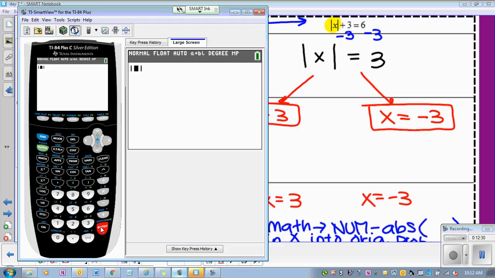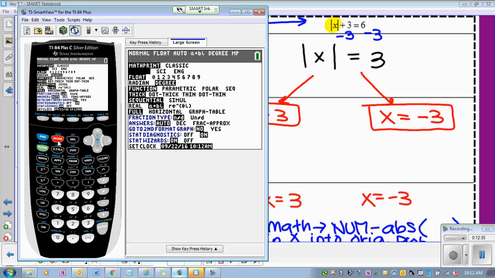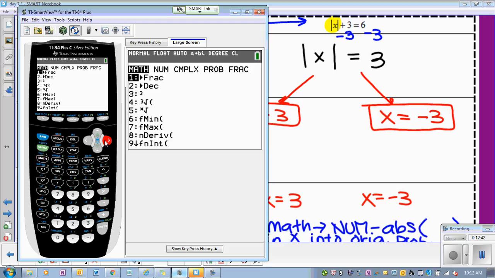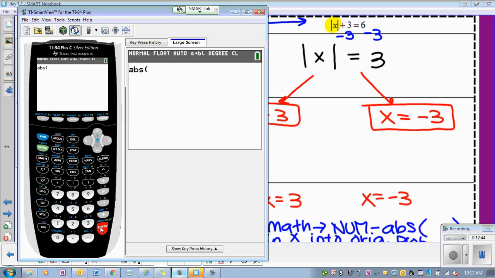Same thing. And then what did we get for one of the answers for x? 3. Okay, so I'm plugging 3. And then you see how the bars close right there? So you need to close it with the parentheses, or if you already have the bars, hit the right arrow to get out of there.